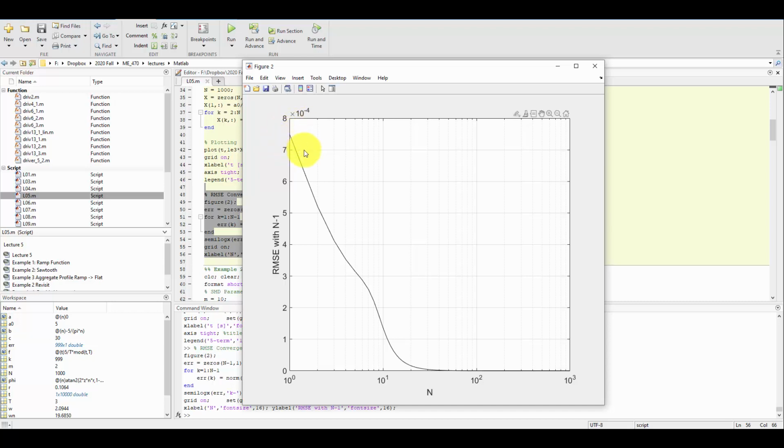The RMSE is at least relatively high, and it drops pretty rapidly. And then once we get to about n is 30, maybe let's say 40, so using about 40 terms, it appears relatively flat, that the RMSE is pretty constant. It's not changing as drastically once we start using about 40 terms.